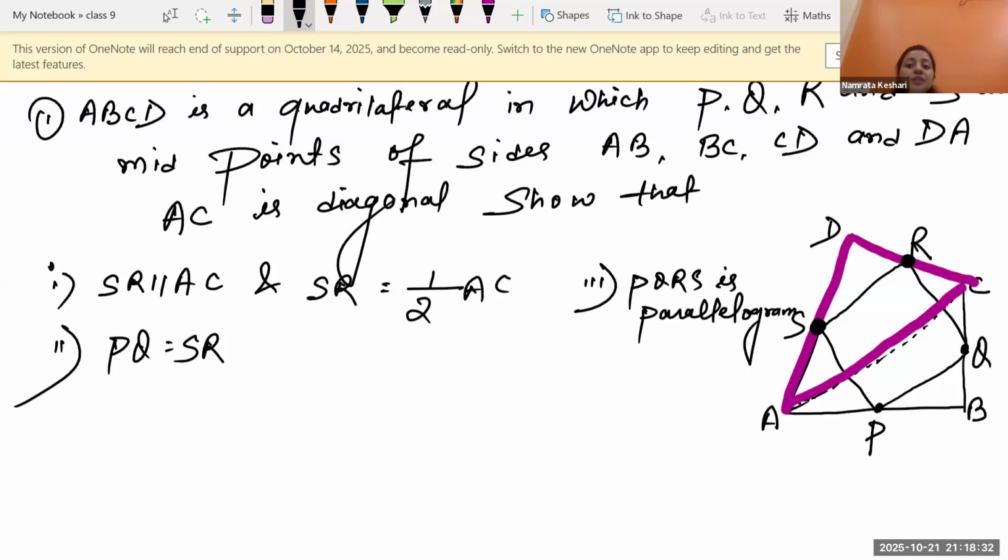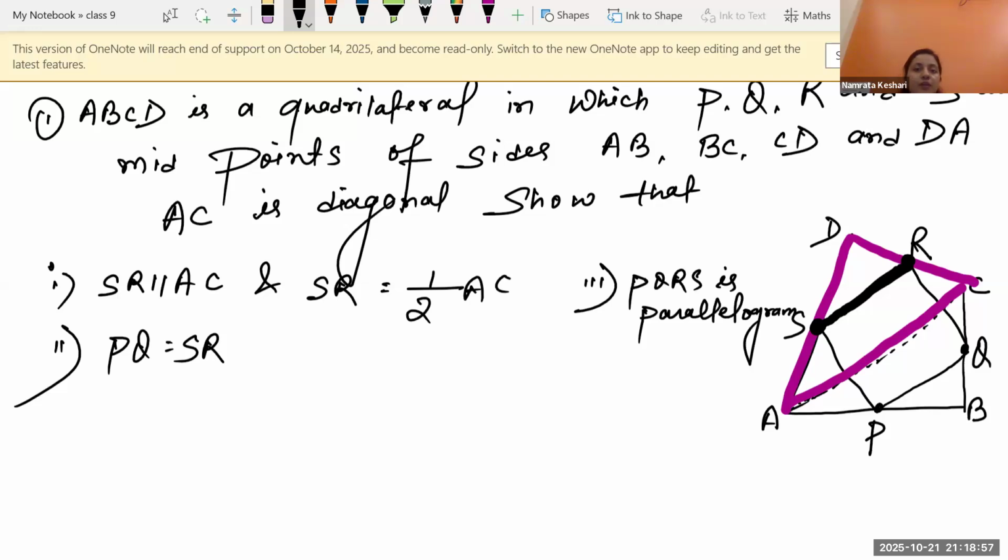It's written in the question itself that S is the midpoint of AD and R is the midpoint of CD. So if S and R are the midpoints, then the line segment joining them, SR, must be parallel to the third side. Yes or no? By using the midpoint theorem, right? Yes, ma'am. And it will be half of the length of the third side.